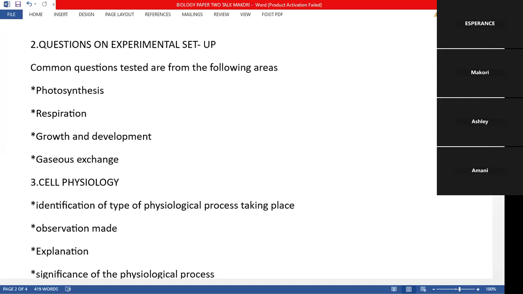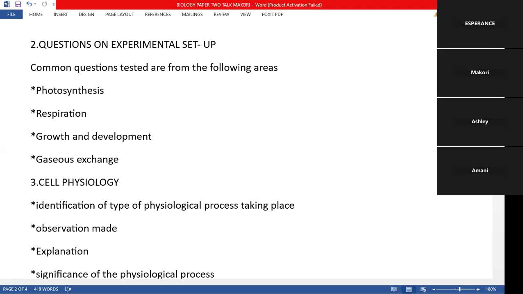So we are supposed to ensure that we follow those guidelines that I've given. Those aims, observations, explanations, and applications of the processes that normally occur within those experiments are given within our books. Whenever we are doing revisions, there are questions on the practical activities. If you go to your KLB Form 1, on photosynthesis, there is a practical activity.